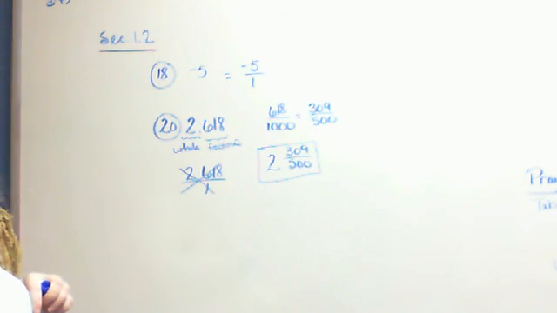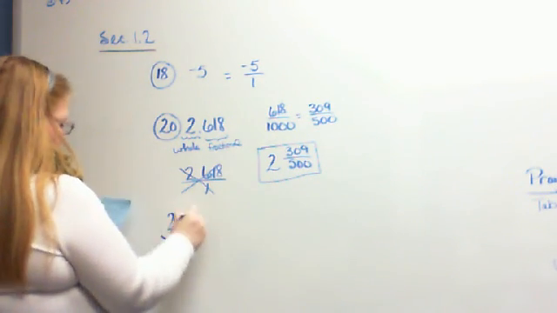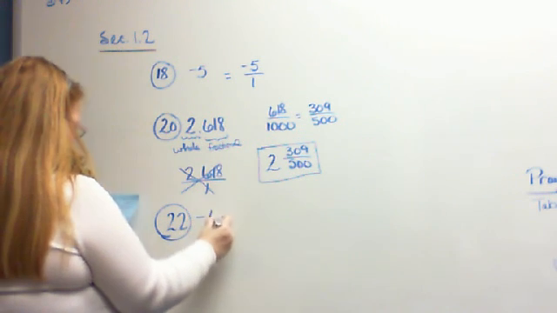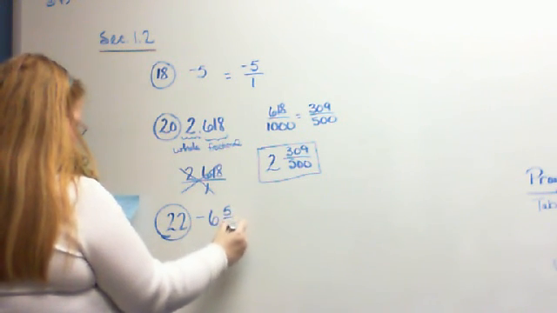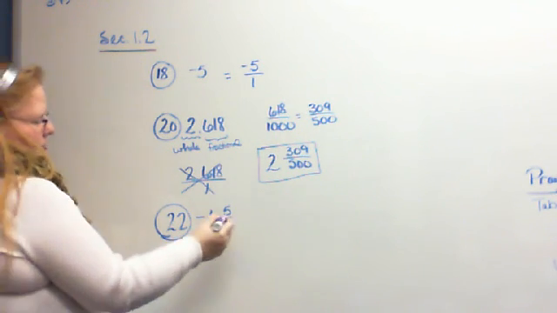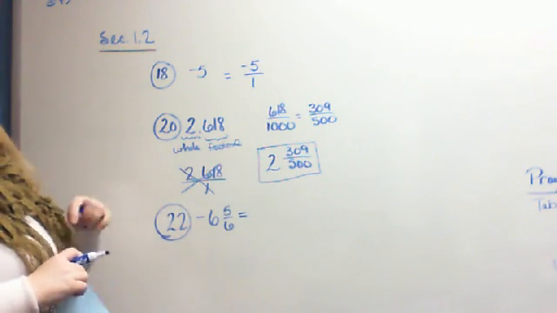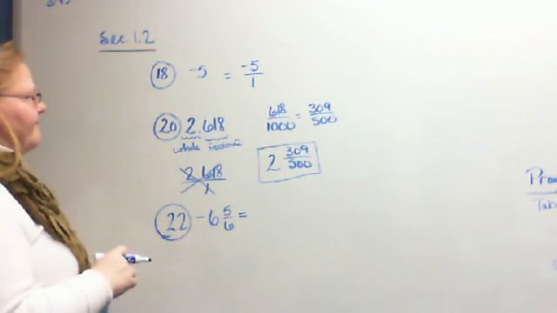Number 22. They want us to show that -6 and 5 over 6 is rational. In order for it to be rational, it has to be written as a fraction. Technically, they don't want it to have a whole number. I just noticed that in my notes.